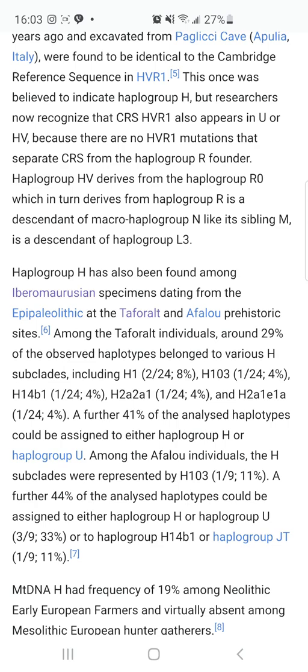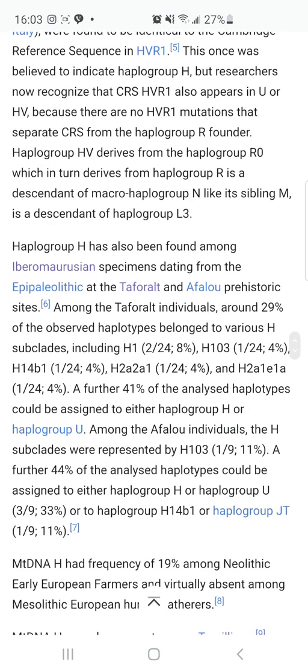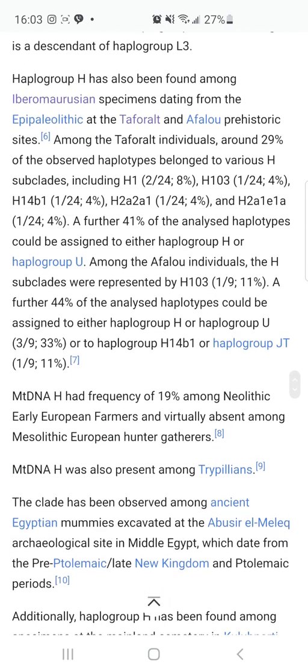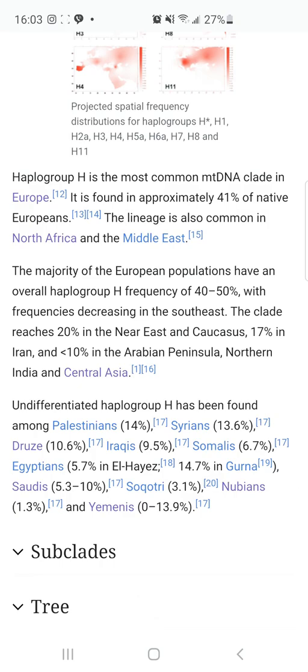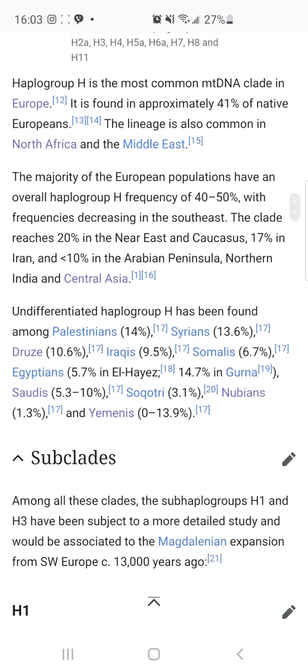Among the Taforalt individuals, around 29 of the observed haplotypes belong to the variant H. So you see, again, it tells you that H is the haplogroup for this group.